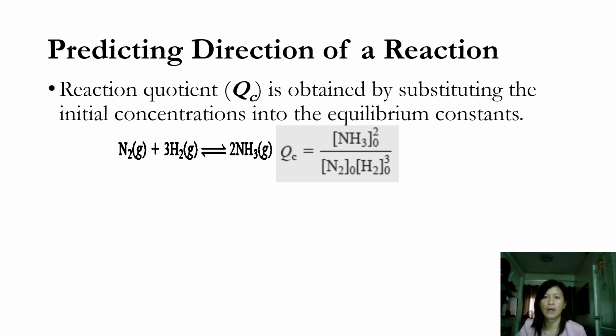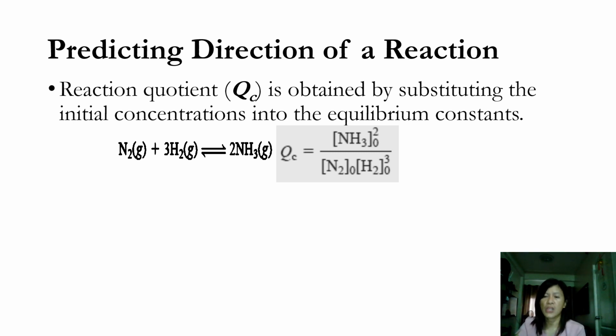So considering the initial concentrations of the reactants and products, we will be computing the reaction quotient. Reaction quotient is simply substituting the given initial concentration of the product raised to its coefficient. Our product ammonia here has coefficient 2, so its initial concentration must be raised to 2.